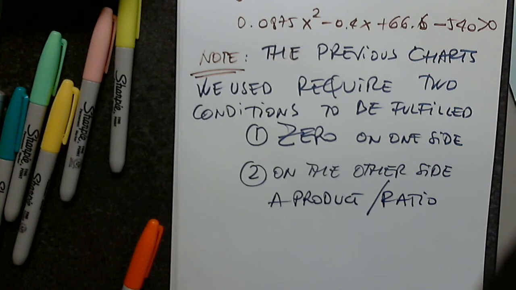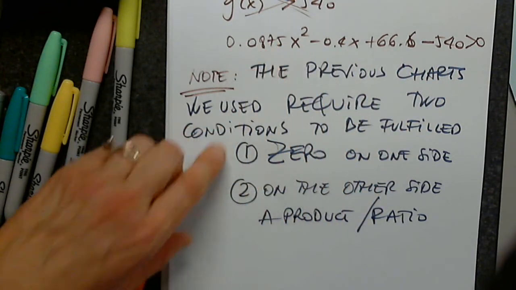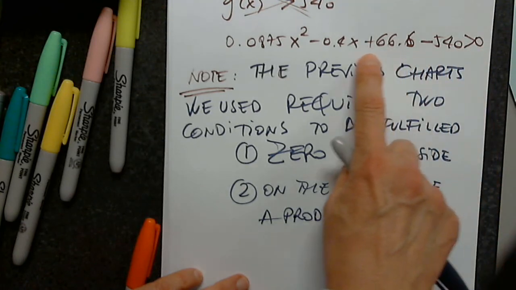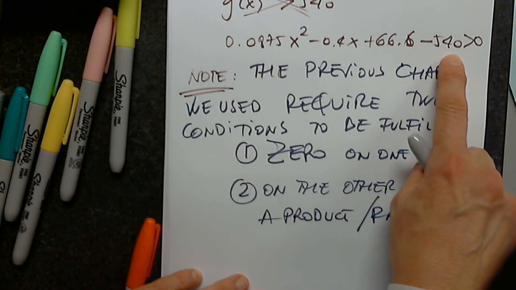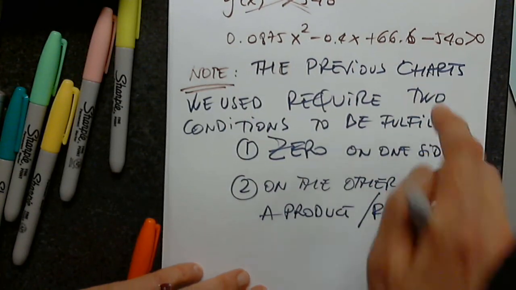If I don't have a product or ratio on the other side, I can't solve the problem. And if I don't have 0 on one side, this is a mess. I do have 0 because I moved 540 to the other side, but this is far from being a product. I cannot make it into a ratio, of course, but it's far from being a product.